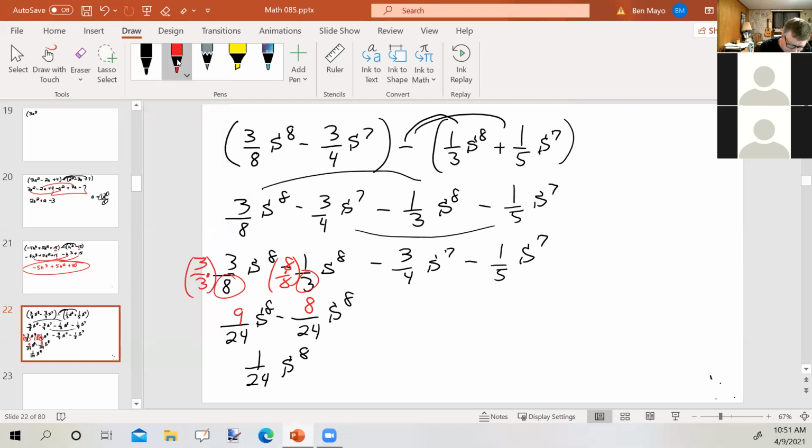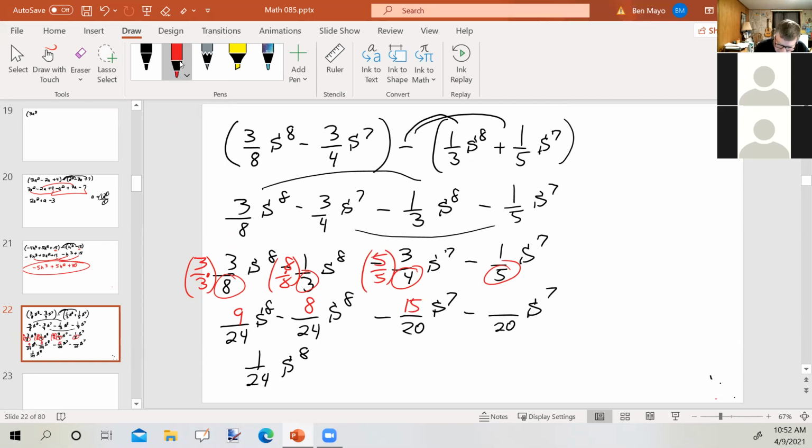Continuing on, what's the least common denominator of 4 and 5? 20. So we get minus so many 20ths s to the 7th minus so many 20ths s to the 7th. We'll need to multiply 3/4 times 5/5, so we get minus 15 20ths s to the 7th.